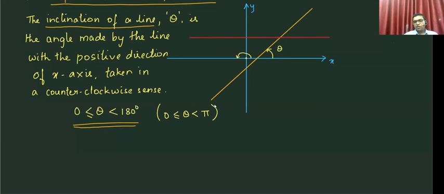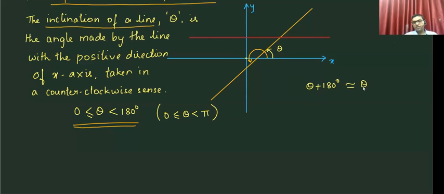So now I can say that this line has an inclination, from the x-axis, I can take the inclination like this. But see, this is a total of 180 degrees plus theta. So theta plus 180 degrees will give you the same line.